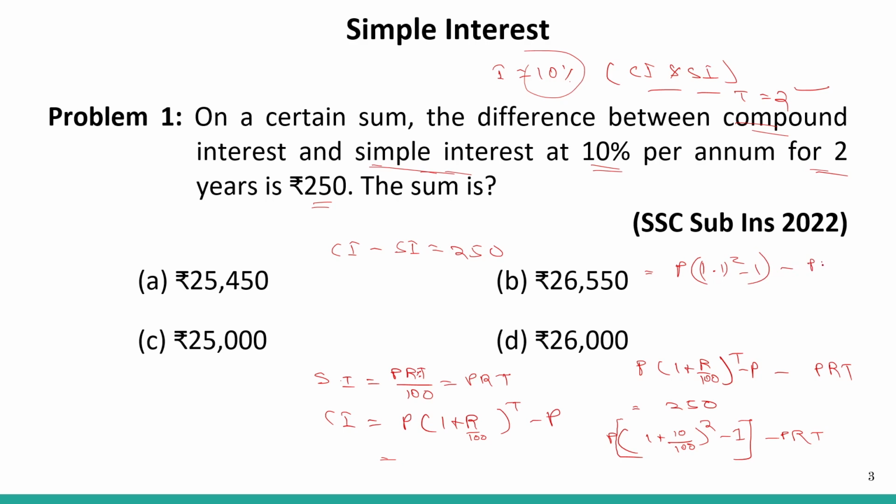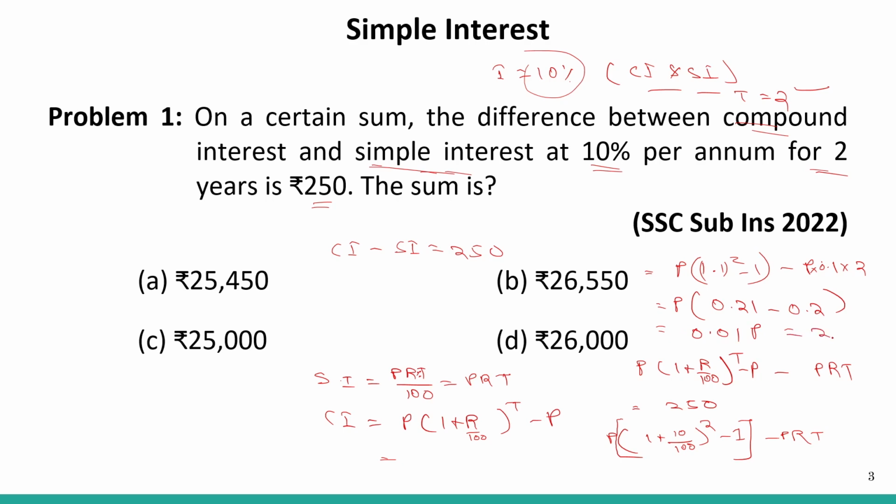Here P is unknown, R is 10 and T is equal to 2. In decimal form 10 is 0.1. So this is equal to P into 0.21 minus 0.2, which is 0.01P.